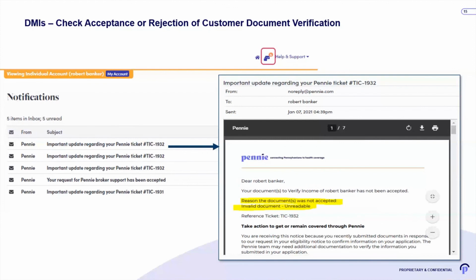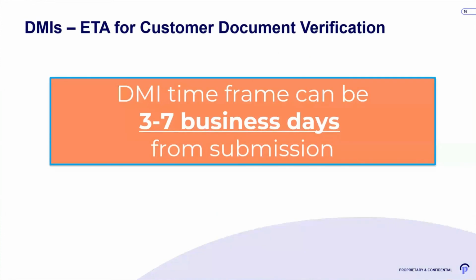Again, they would receive a notification from Pennie with regard to the document that's been uploaded to help resolve that data matching inconsistency. A big question that comes up quite frequently is: what's the ETA for customer document verification? Well, it's anywhere from 3 to 7 business days.